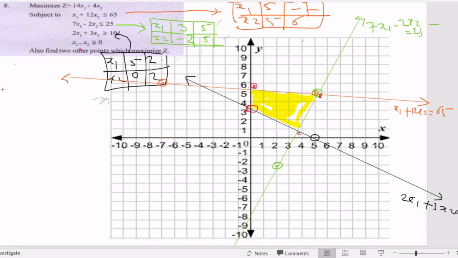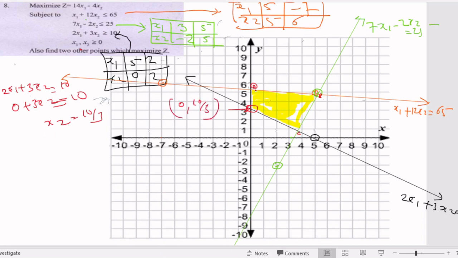The black one is 2x1 plus 3x2 is equal to 10. And when I say y-axis, then x equals 0, it means x1 equals 0. So when I substitute x1 equal to 0 here, 3x2 is equal to 10, x2 is equal to 10 by 3. So this coordinate will be (0, 10/3).